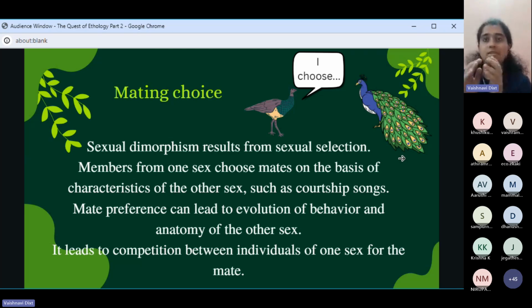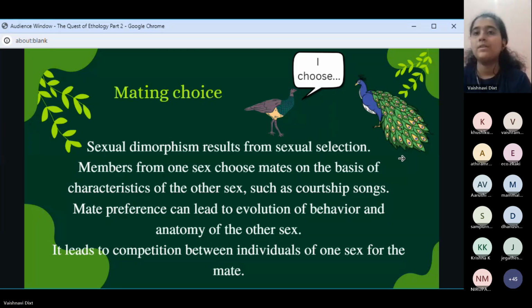And since those characteristics are different, this mate choice causes the evolution of behavior or anatomy of the other sex.